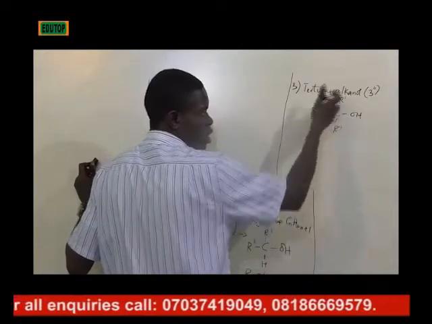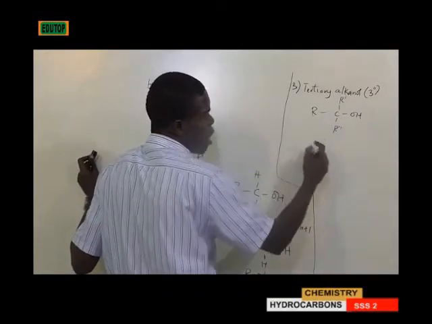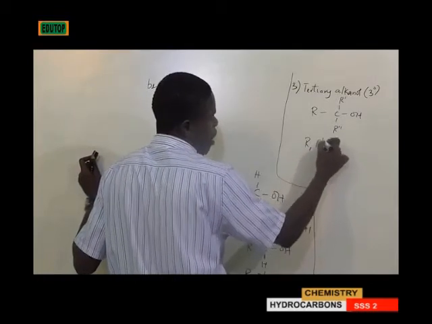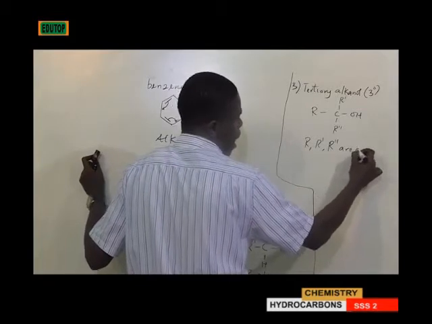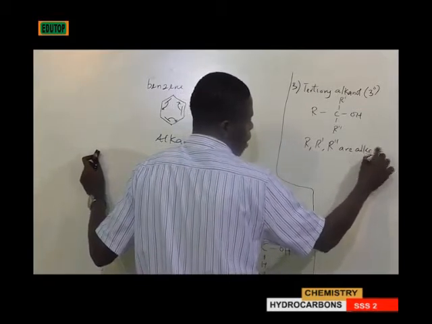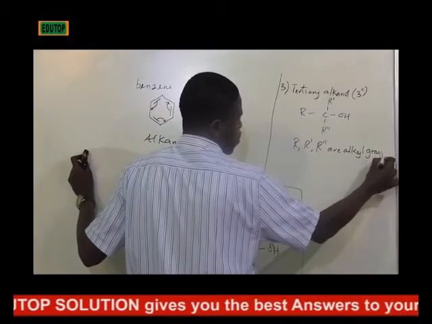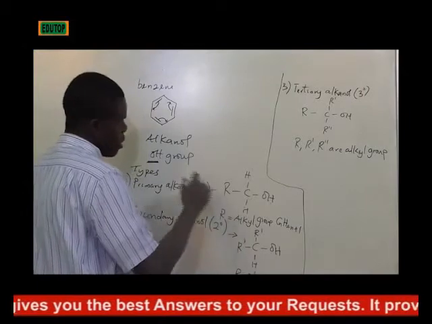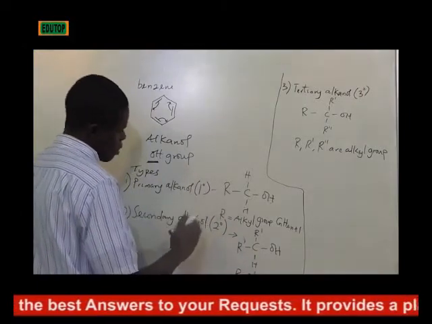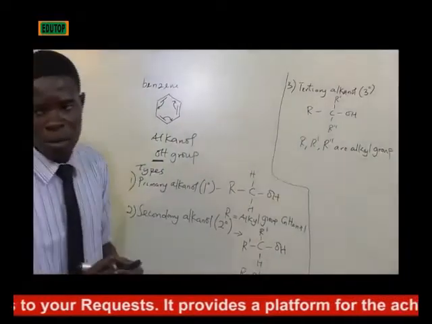There is no hydrogen atom attached to the carbon to which OH is attached, where R prime and R prime are alkyl groups. So these are the basic differences between primary alkanol, secondary alkanol, and tertiary alkanol.